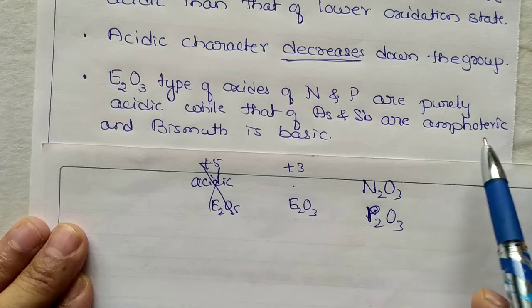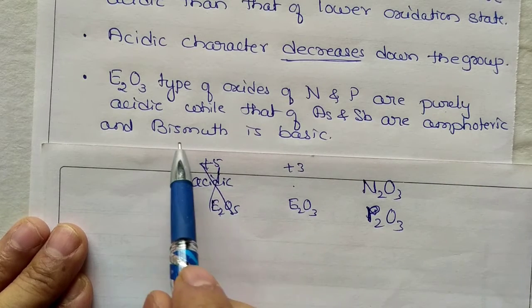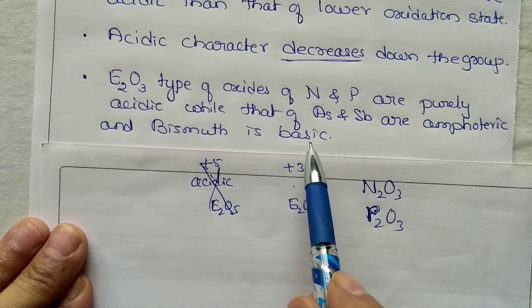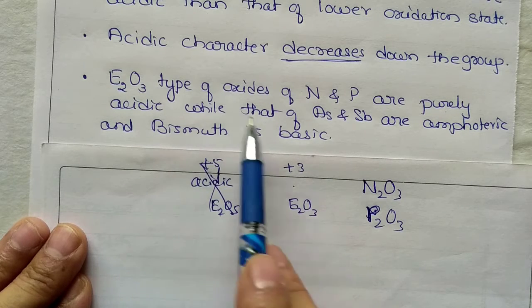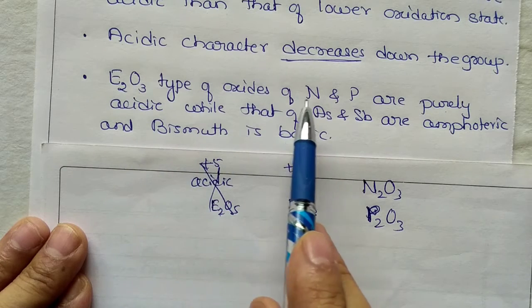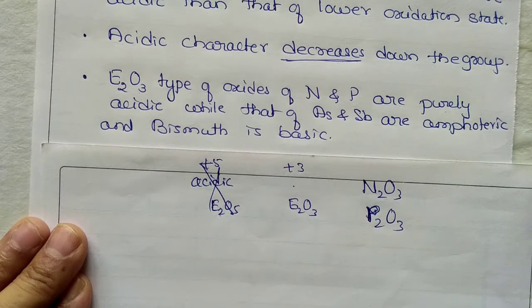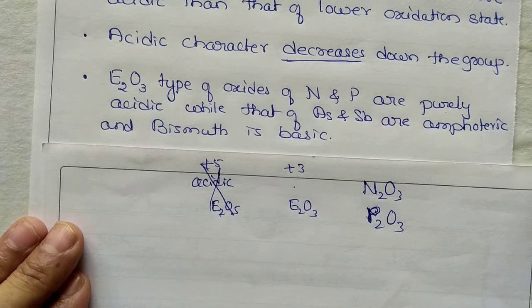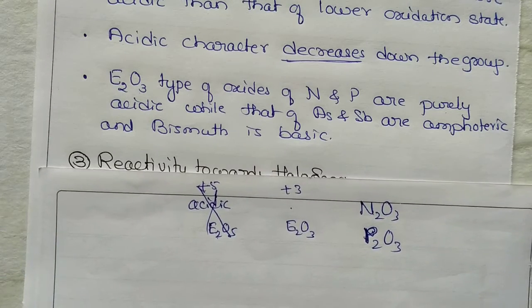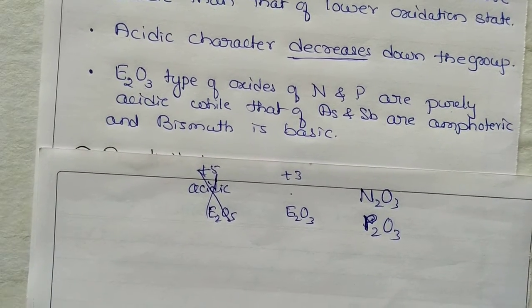Amphoteric means it shows both acidic as well as basic character, and bismuth oxide is basic. So this is about the oxides formed in the reaction with oxygen.